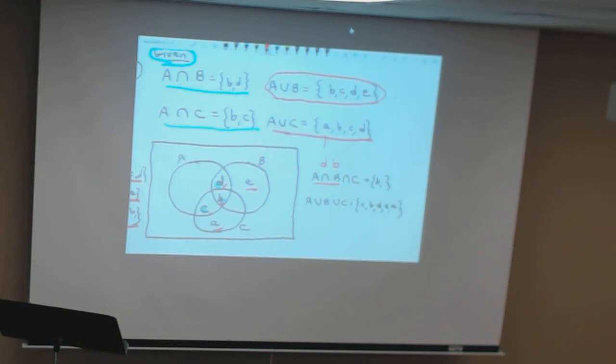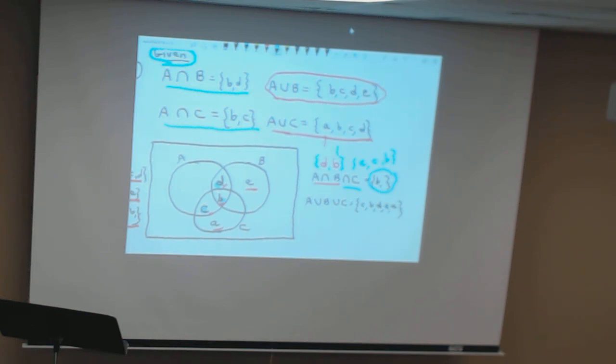And where does that intersect with C? At B. Everybody see that? Where does the set D and B intersect with the set A, C, B?